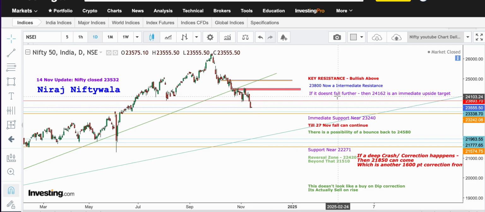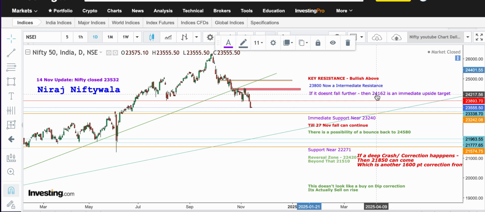Then if it doesn't fall further, it will go up or sideways for a day or two, and then it can go up. So 24,162 is an immediate upside target, about another 600 points of upside from here.